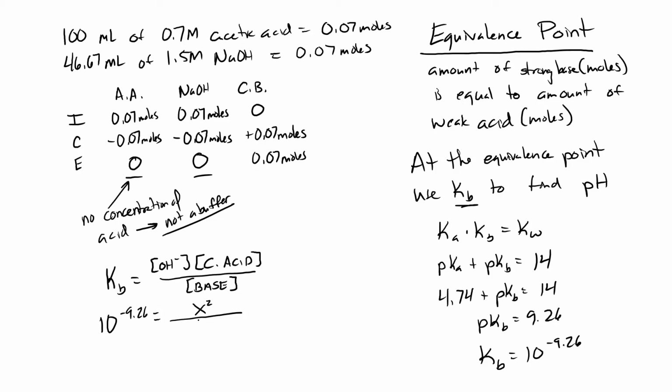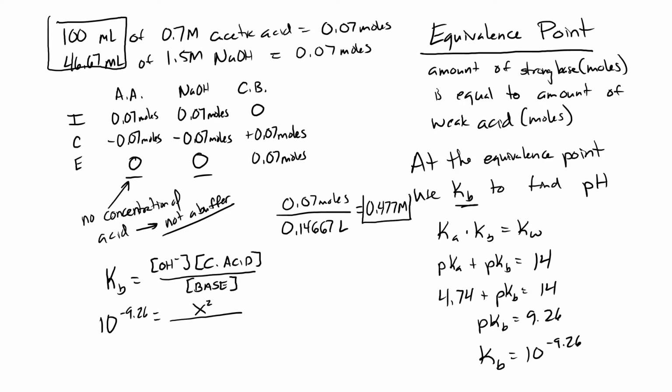Now, the concentration of the base is 0.07 moles divided by the volume of the solution. The volume of the solution is these two things added together, so we're going to convert that to liters. So 0.07 moles divided by 0.14667 liters. We divide that out and we get 0.477 molar.